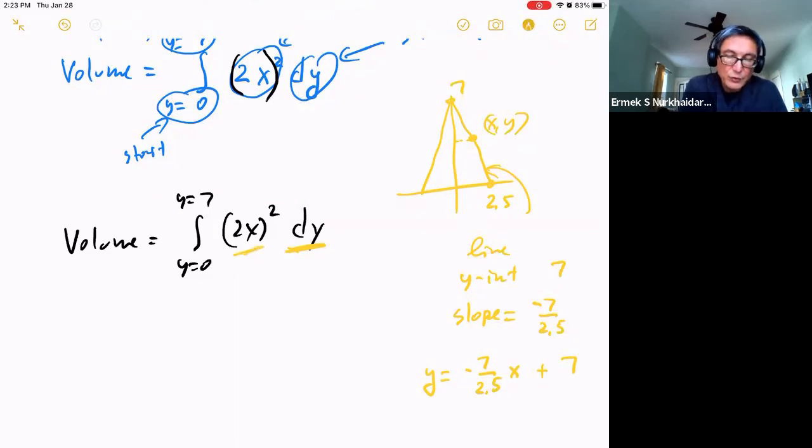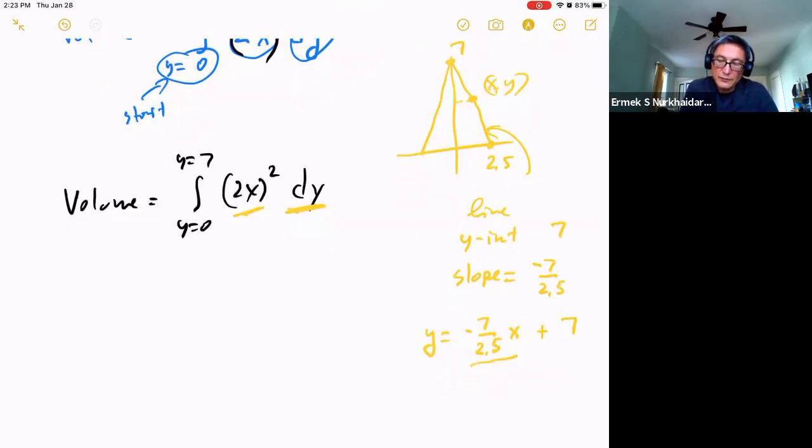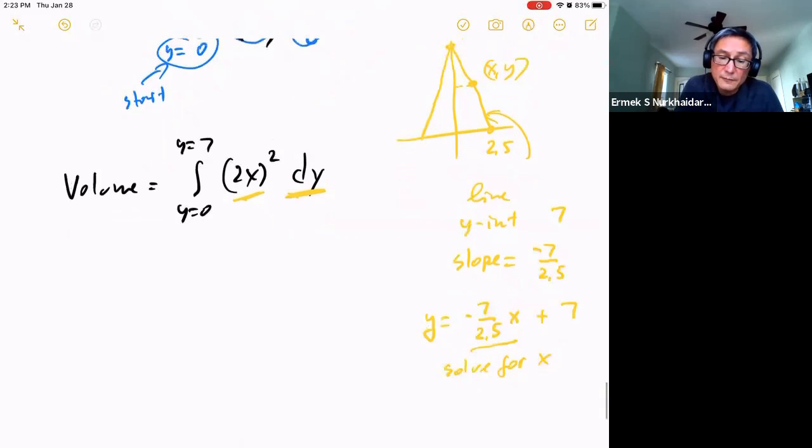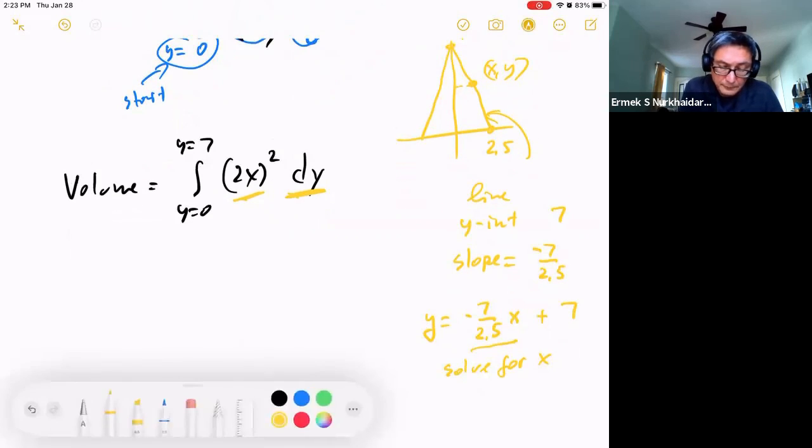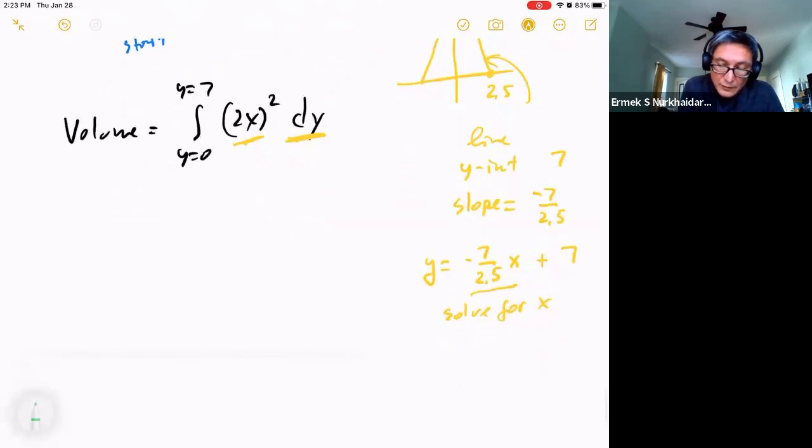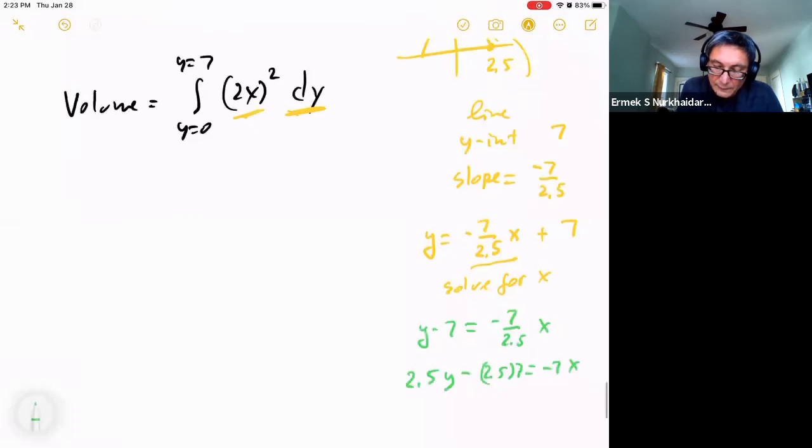And what we want to do here is express x in terms of y. So we're going to solve this one for x. We have y minus 7 equals -7 over 2.5 x. So 2.5y minus 2.5 times 7 equals -7x.